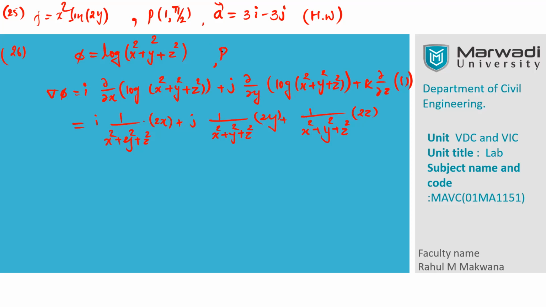At a point 1, 0 and minus 2. So in place of x putting 1, y is 0 and z is minus 2. Okay, please simplify and let me know the answer.